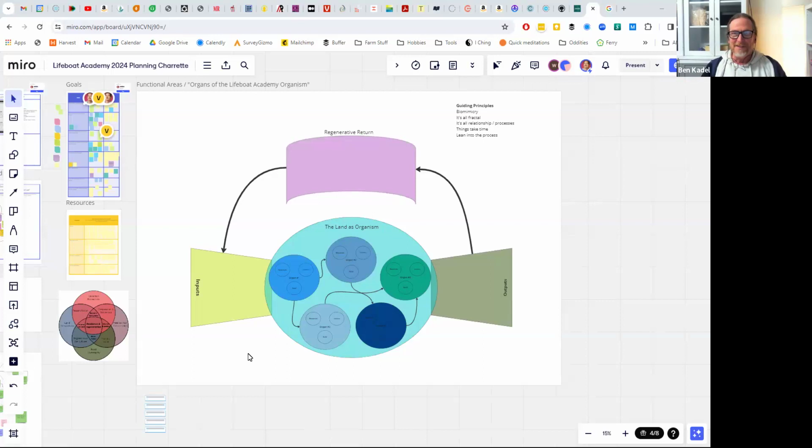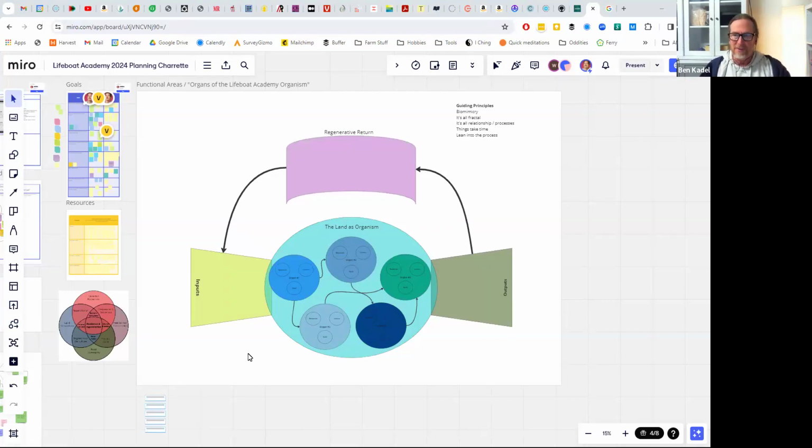I would basically welcome you to session 3 of our Lifeboat Academy annual planning process. Our goal tonight is really to think about how the organism that is the Lifeboat Academy at Spalding Valley Farm interacts with its environment. What are the inputs that the organism needs?